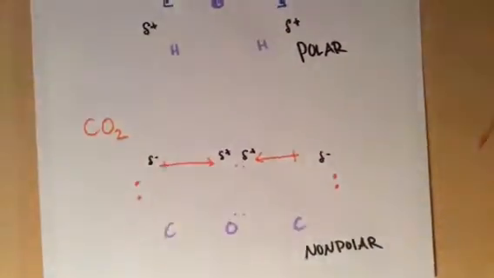For a more complicated molecule, we have a trigonal bipyramidal shape here. If this were PCl5, all the bonds would be polar. However, because of the shape, it's more evenly distributed.